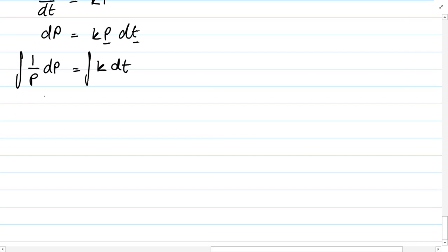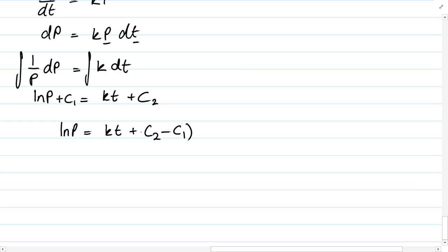And this obviously means that I now have log P plus some constant is equal to kt plus some constant. Now, because I've got two constants, I'll write them down as C1 and C2. And now I'm going to simplify this and write this down as log P is equal to kt plus C2 minus C1.